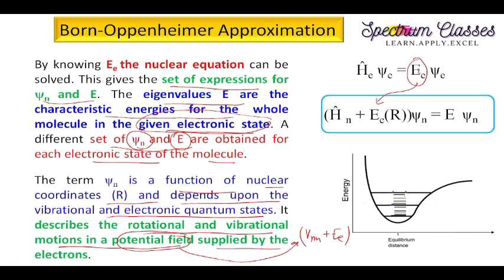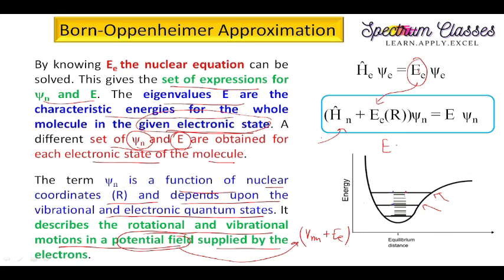Here we have rotational and vibrational energy levels, though in this part the rotational part is not included, only the vibrational part. But after multiplying by the rotational and translational parts also, we will get the wave function for the whole molecule.